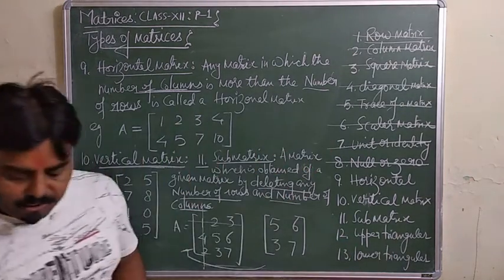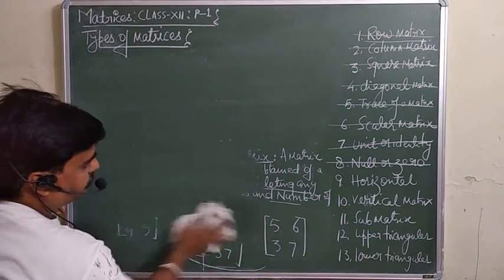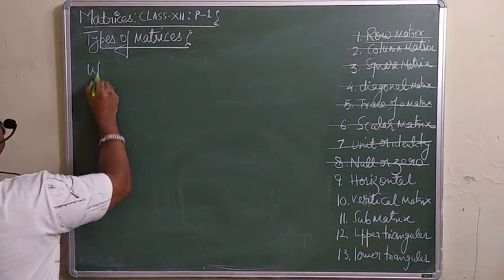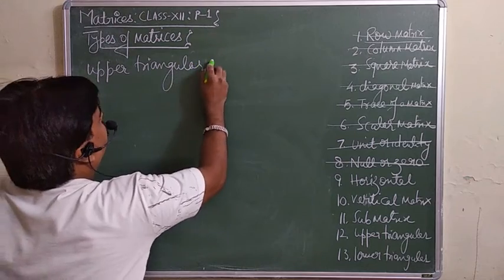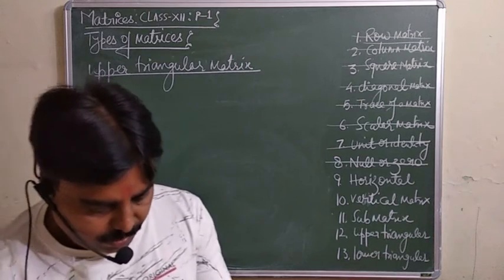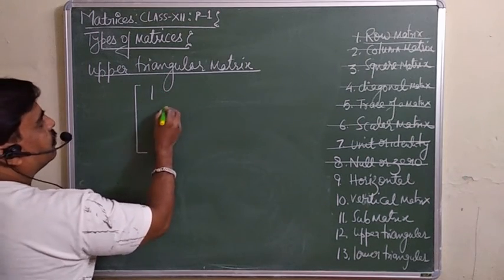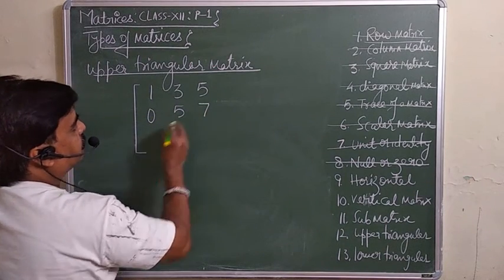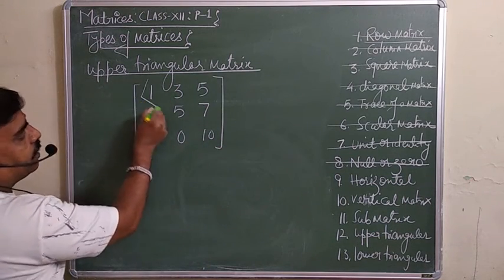Now the upper triangular matrix. Any matrix is an upper triangular matrix if the elements below the diagonal are 0, like 0, 0, 10, and these are your diagonal elements.